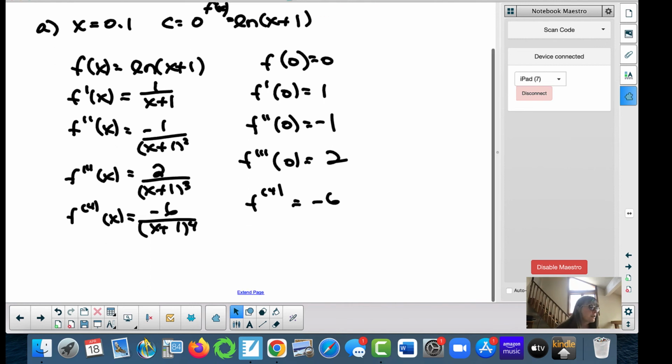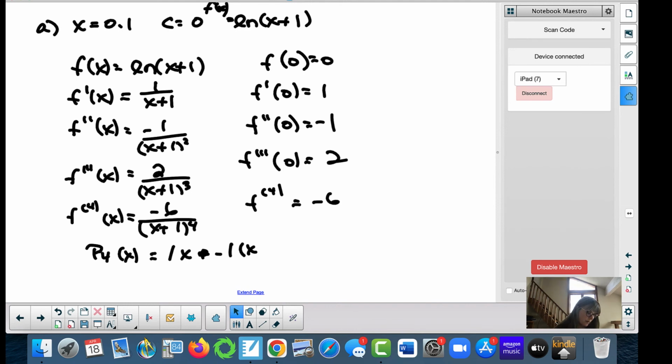So, writing out that Taylor polynomial approximation, we get 0 and then 1 times x over 1 factorial, minus 1 times x squared over 2 factorial, which is just 2, plus 2 over 6, which I'm going to just change to 1/3, so x cubed over 3.